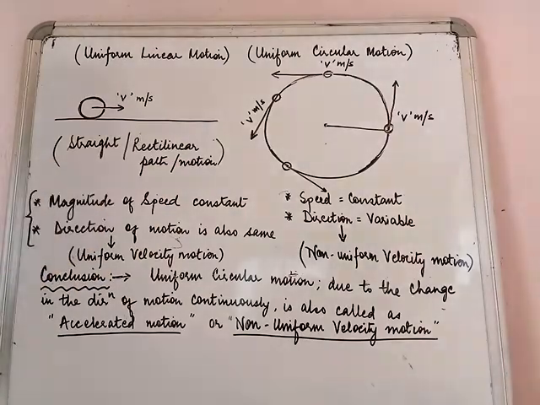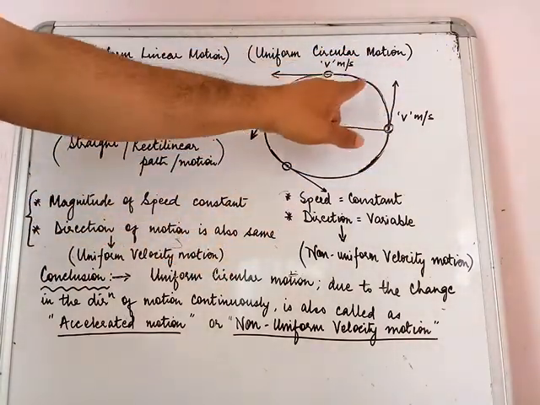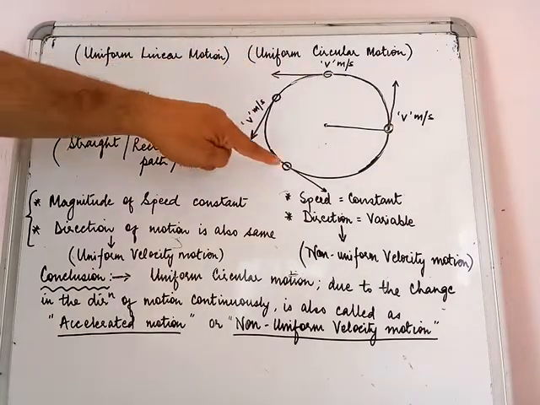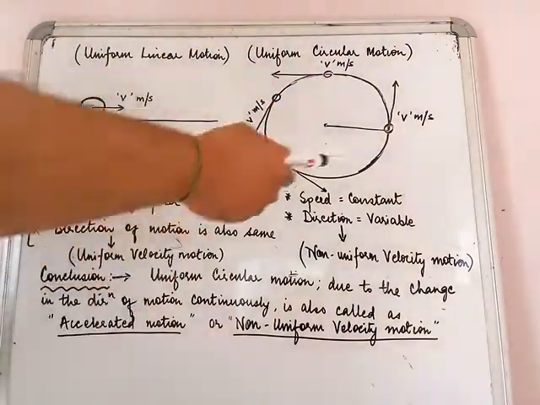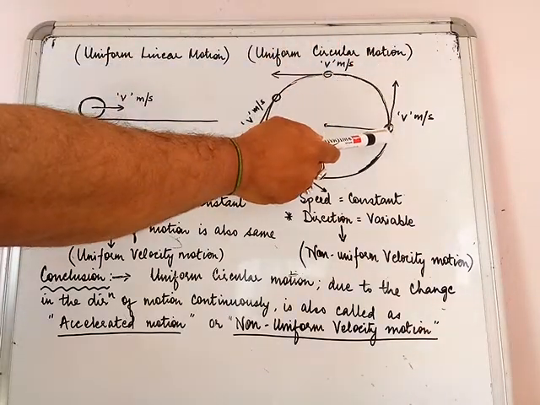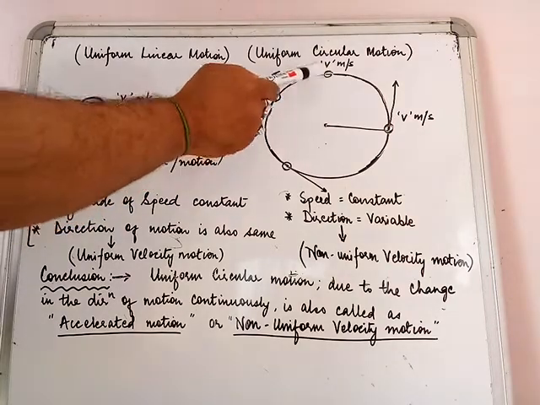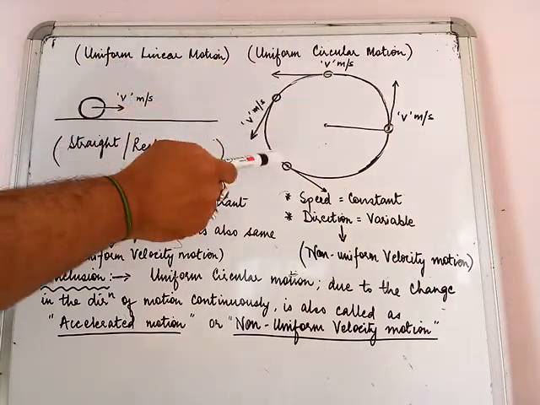But can we say the same thing for the direction also? No, because I have drawn the tangential directions of motion at different instances throughout the circular motion. This is the direction of the motion when the ball is over here, whereas when it reaches over here, the direction of motion is again tangential, so it is in this direction, this direction, and so on.